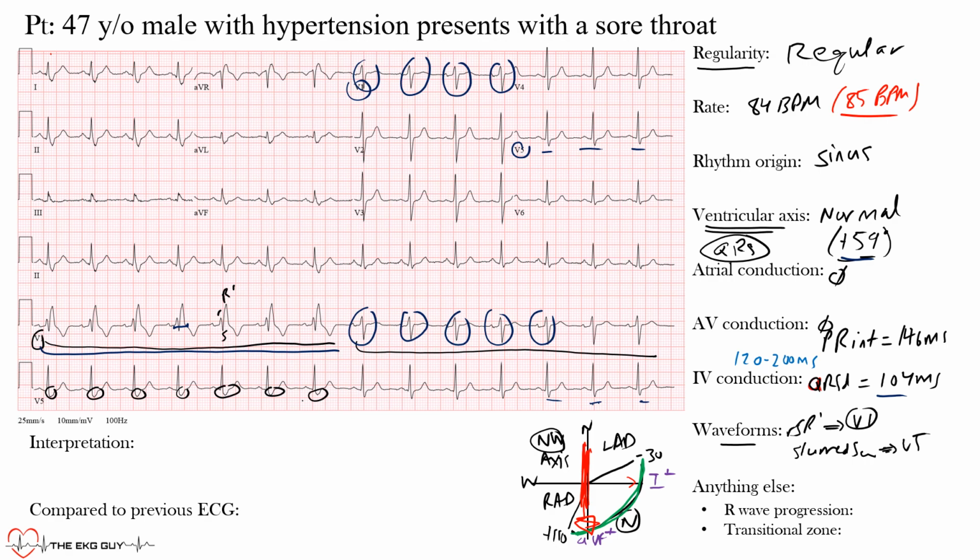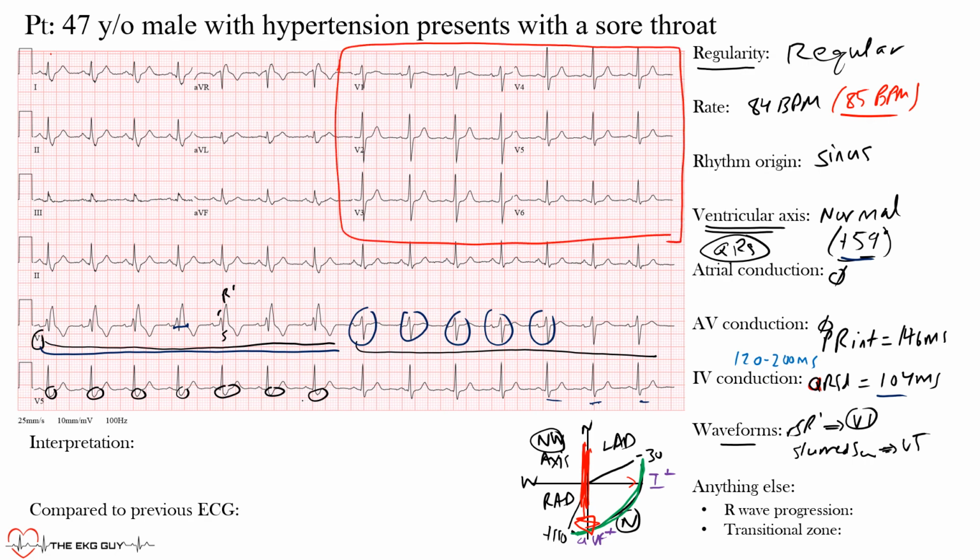Okay, the next is R wave progression. Let's look at these last few things here. And these are in the precordial leads. Remember our precordial leads are these leads over here on our standard 12 lead, V1 through V6. We're looking at R wave progression. So is the R wave, which is this one here, that first positive deflection, increasing in amplitude as we go from V1 all the way up to V5, okay? And actually it is.